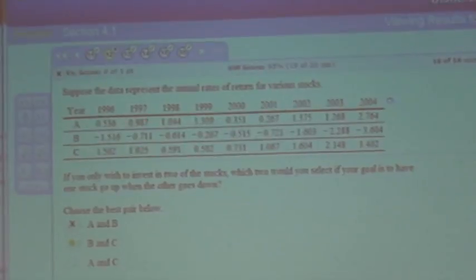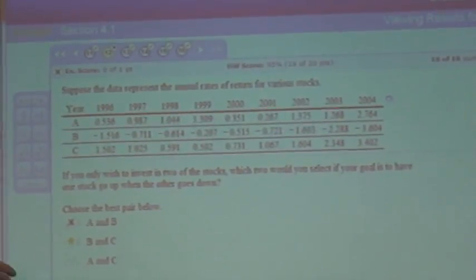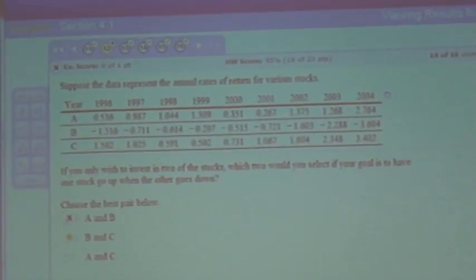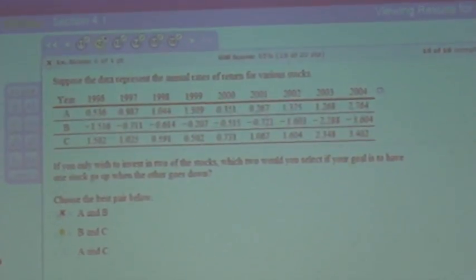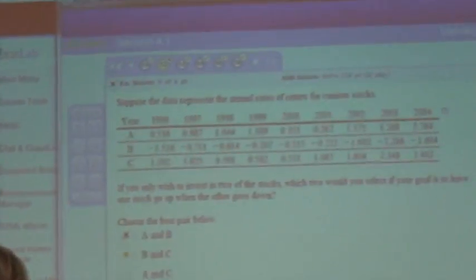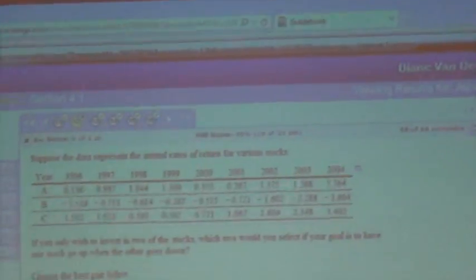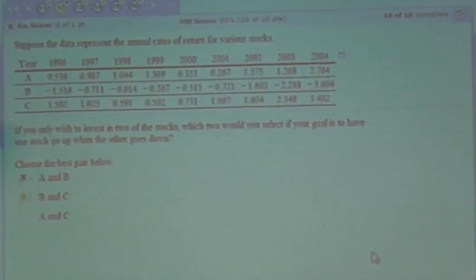So what we want to do, we could look at the scatter plots of each pair.